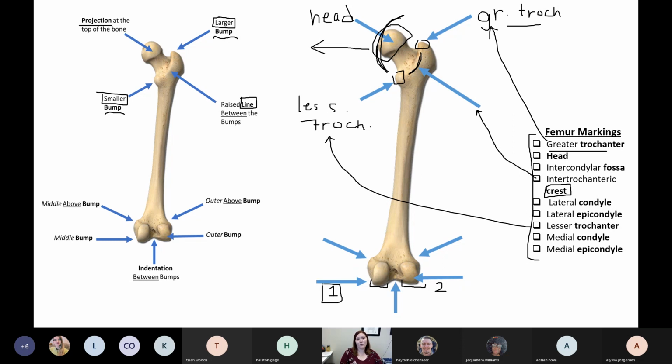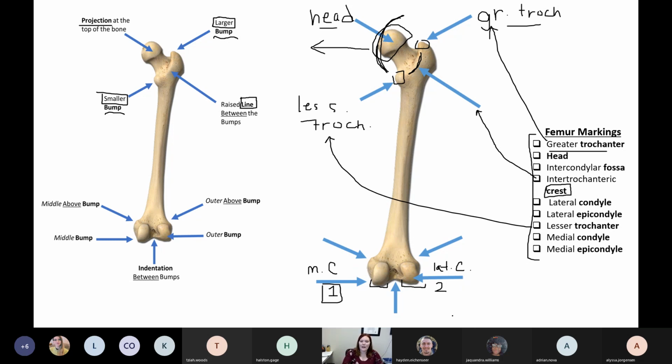Number 1 would be my medial condyle because it's on the same side as the head. And the head is the part that goes toward the middle of the body. So my medial condyle is what I find here. My lateral condyle is what I find here.